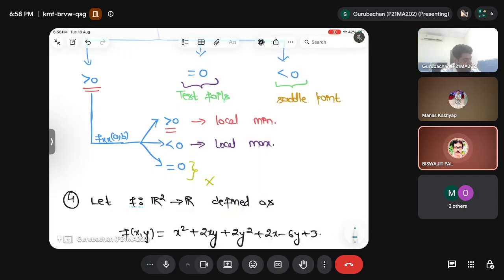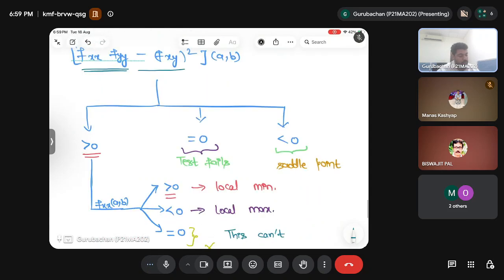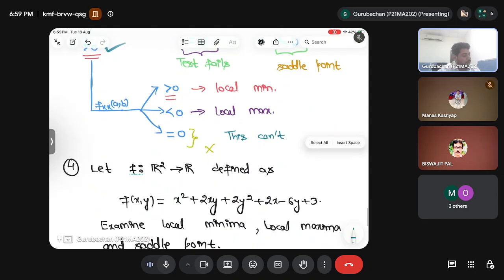Any real number is either greater than 0, equal to 0, or less than 0. Why am I saying this cannot happen? Because if fx at (a,b) is 0, that means this factor is 0. That means minus of something square cannot be greater than 0.